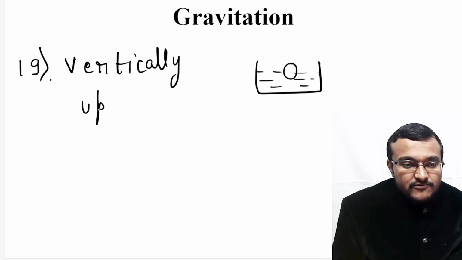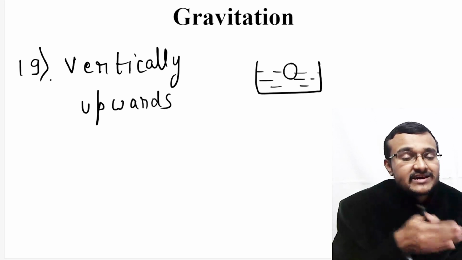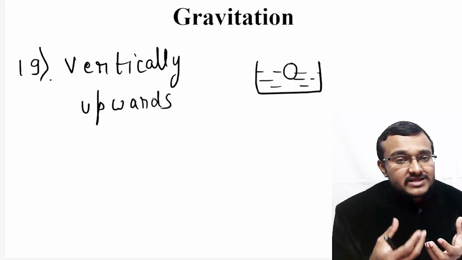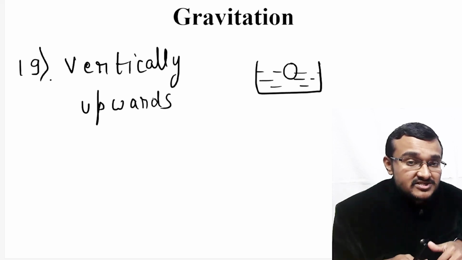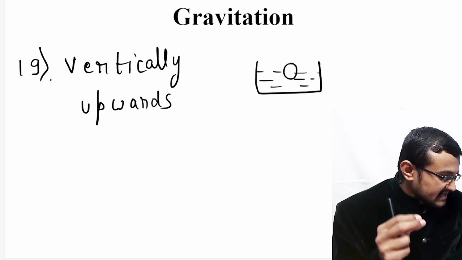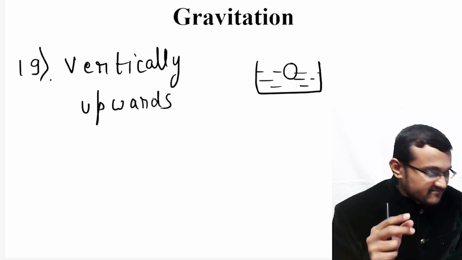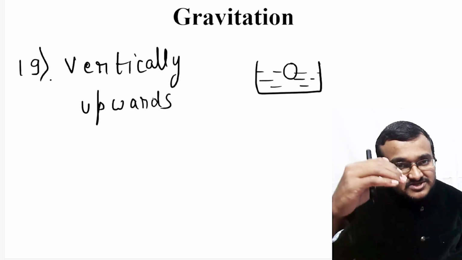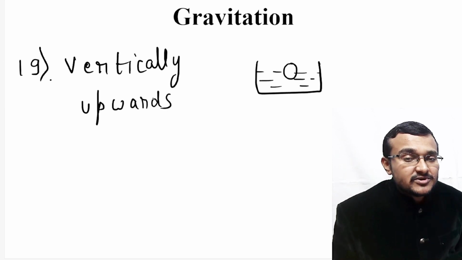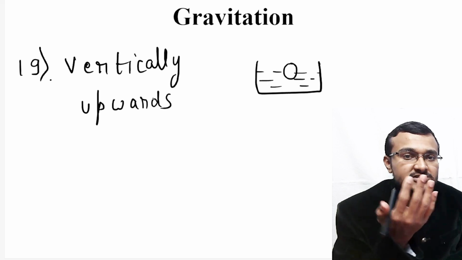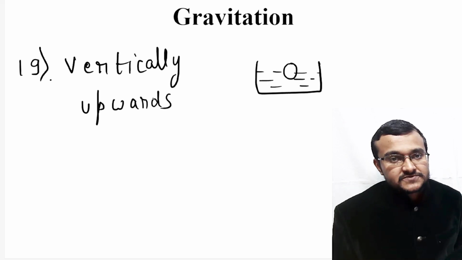If you want more explanation about buoyant force, you can refer to my previous video where I have explained what buoyant force is and how it acts on objects immersed in a liquid. So the direction will be vertically upwards. Whenever the object is immersed inside a liquid, that liquid offers a force vertically upwards, which is known as buoyant force.